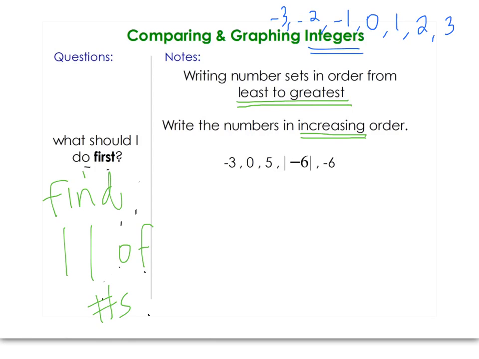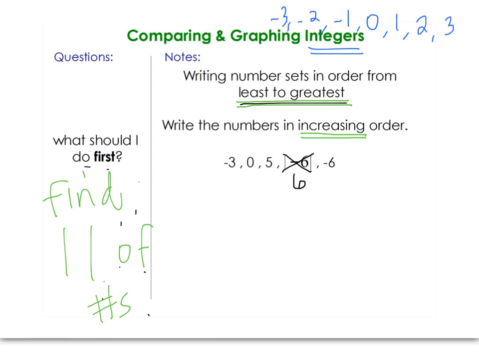Well, the distance from 0 that -6 is really 6 units. So I'm going to replace that absolute value of -6 with +6 because the absolute value of -6 is 6 units from 0.